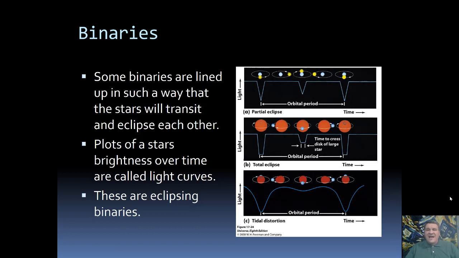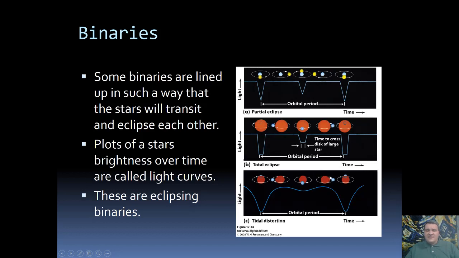Now, using this, we can actually determine the temperature of both stars. Remember that a hotter star is going to be more luminous, giving off more light. So if it gets blocked, we're going to get a much deeper dip in the total brightness. Whichever star is cooler is going to be less luminous, so when it gets blocked, it will lead to a smaller dip in the overall brightness.